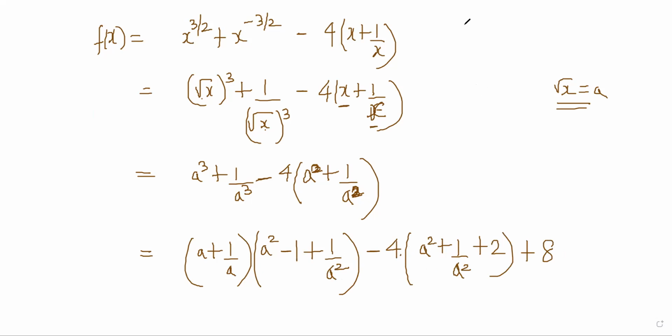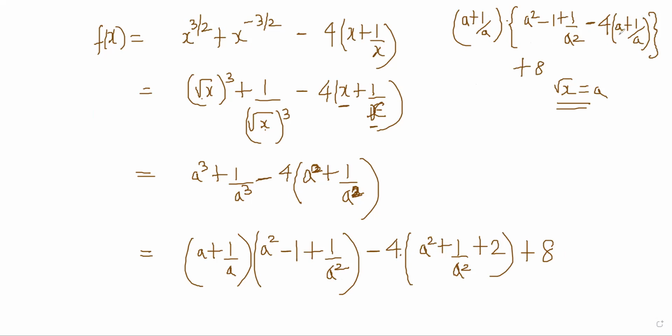I can take A plus 1 by A common out of the first two terms. It becomes A square minus 1 plus 1 by A square, minus 4 times A plus 1 by A, plus 8.